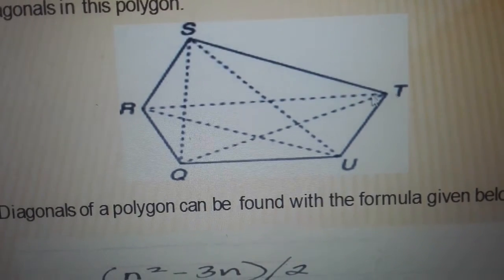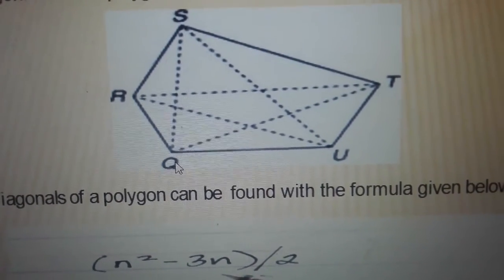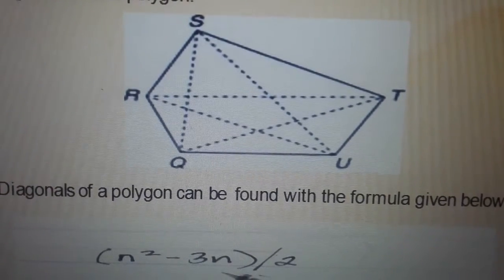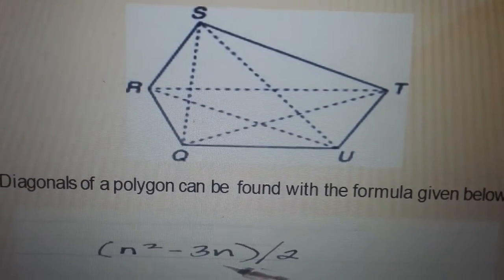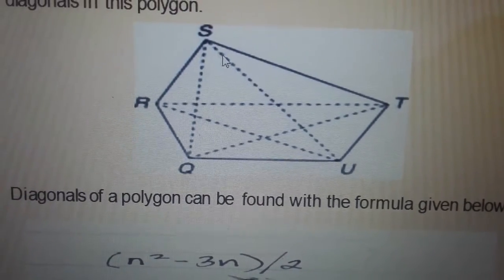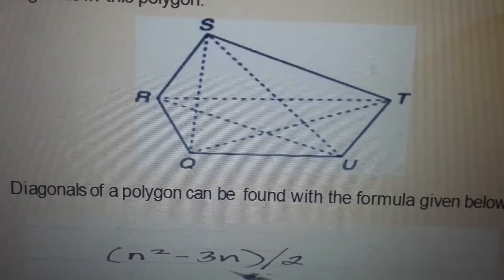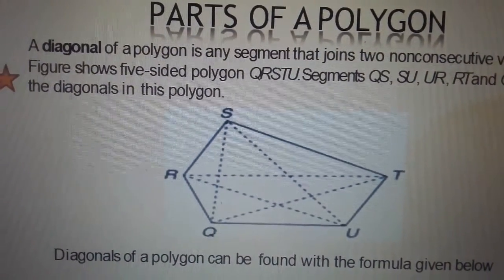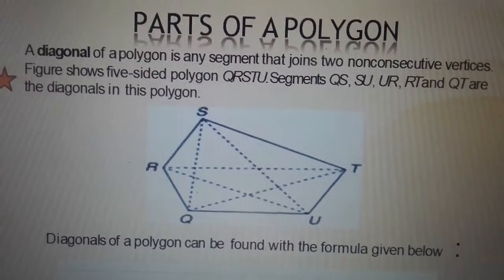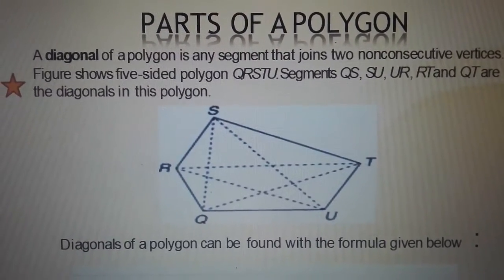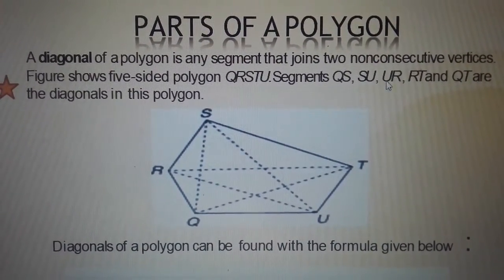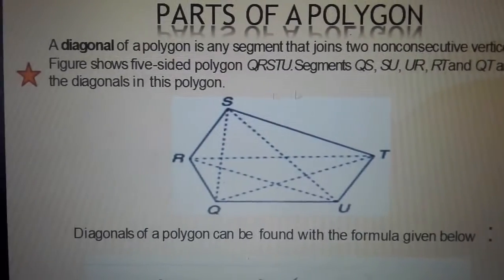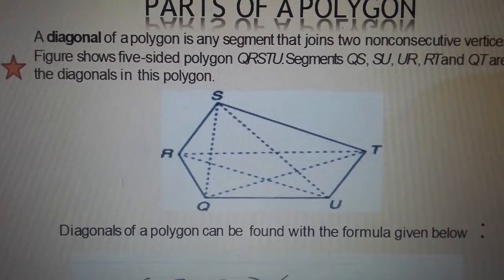You can see here TQ is one diagonal. QS is one diagonal. RT is one diagonal. See here, 5 vertices are there, so this one consists of 5 diagonals. The segments QS, SU, UR, RT and QT are the diagonals in this polygon.